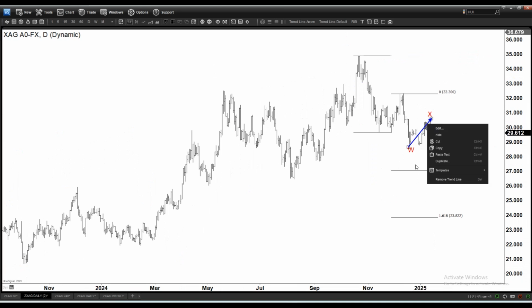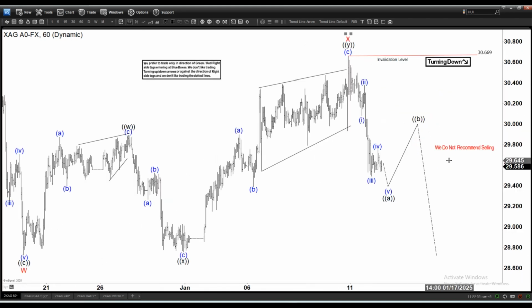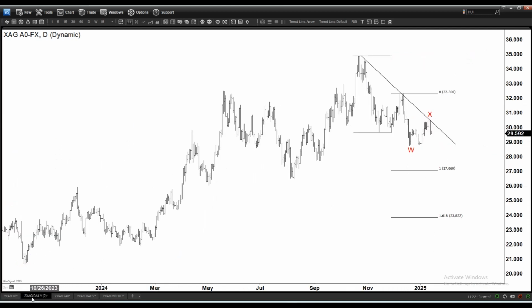Now if we do get further upside instead, let's say we broke above this trend line, the one that I drew, then there is a chance this cycle truncates. Truncates meaning we don't reach 100%. So if we simply rally higher and break above 30.6, then I think the cycle truncates, and that means we are not going to reach $27 anymore, and this cycle could be finished and then starting to turn higher, either to a new high or to do a bigger rally like this before lower again.